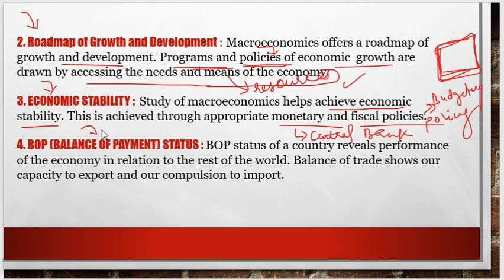Next point is balance of payment status. Macroeconomics also helps us to understand the performance of the economy in relation to the rest of the world. What do we study under balance of payment?